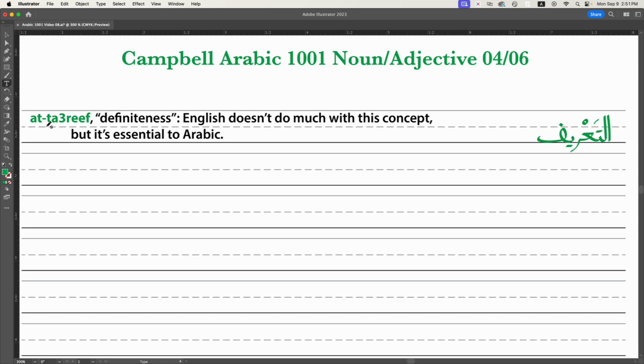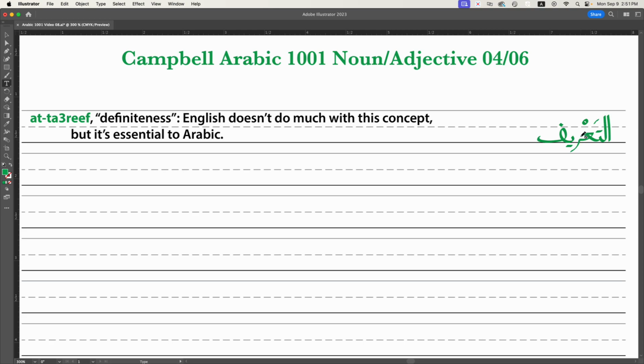So we'll start with the word at-ta'rif, definiteness. And this comes from the ayn ra fa root, which means to know something. And when we put something in the taf'il form by adding this ta at the beginning and putting long vowel ya in between the last two letters, this usually means making someone or someone else do that thing.